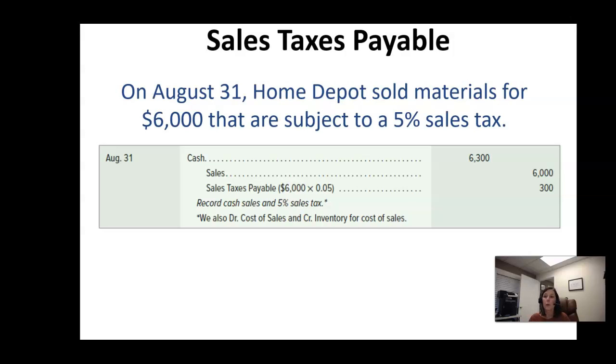So in this case, we've got a 5% sales tax, $6,000 sale. So the sale is going to be $6,000, and then there's going to be an additional 5% over and above that that's recorded for sales tax payable. We will collect a total of $6,300 from this customer.